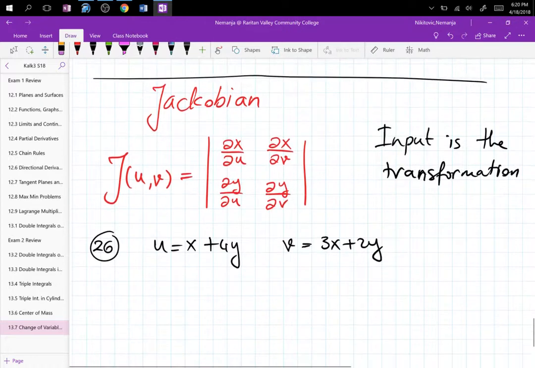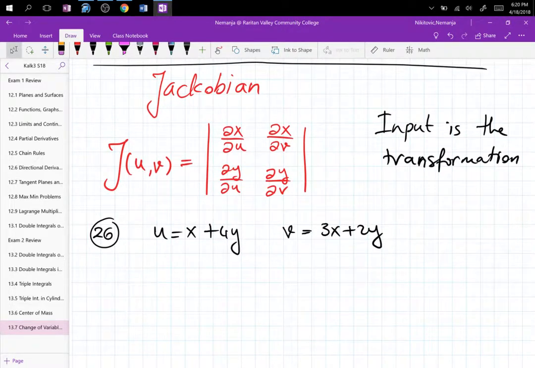Now you have u and v in terms of x and y. So they just try to make this more confusing and more annoying for y'all. We actually have to solve the system of equations and fish out x and y to be able to do this. So let's do that.